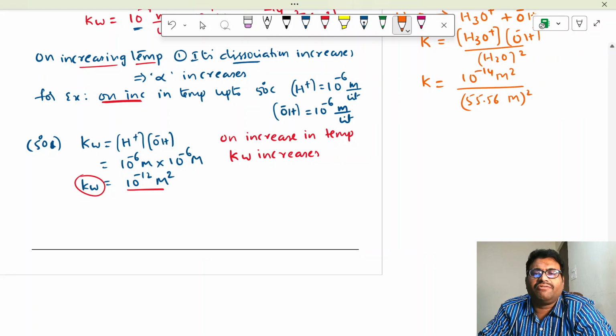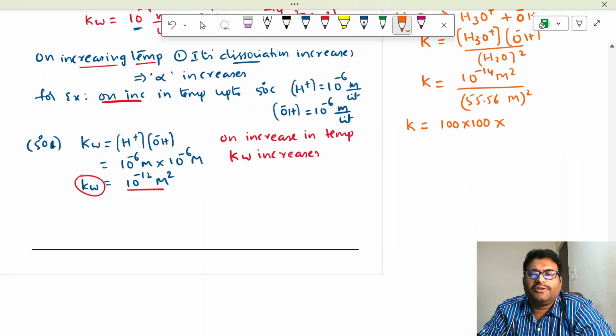On calculation, K is equal to 100 into 100 into 10 power minus 18, because I am using 100 into 100, so 10 power 4, multiplied with 10 power minus 18 so that I get 10 power minus 14, divided by 55.56 into 55.56 molar square.